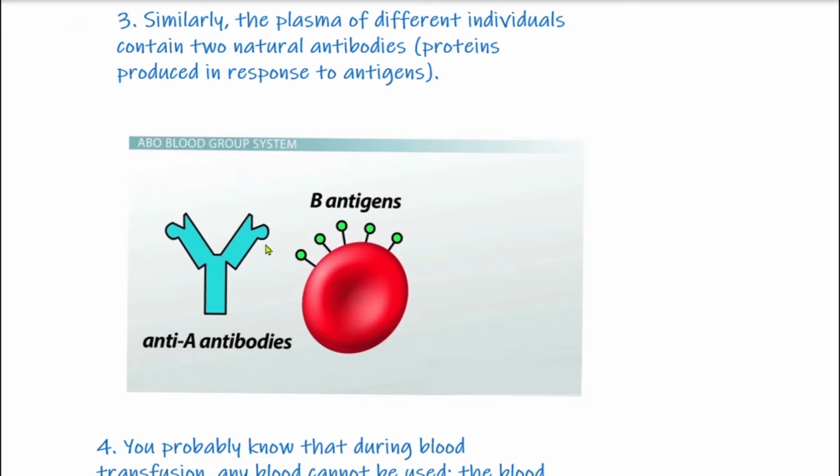Just like the presence of A and B antigens over the surface of RBCs, in our blood there are antibodies. If a person carries B antigen, his blood will carry anti-A antibodies, meaning antibodies against the A antigen.